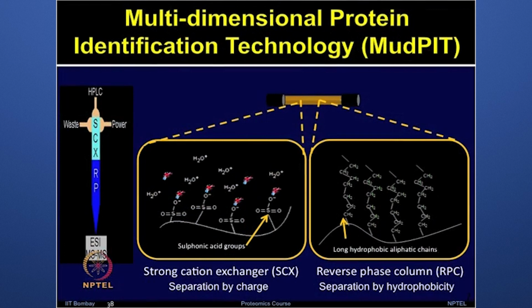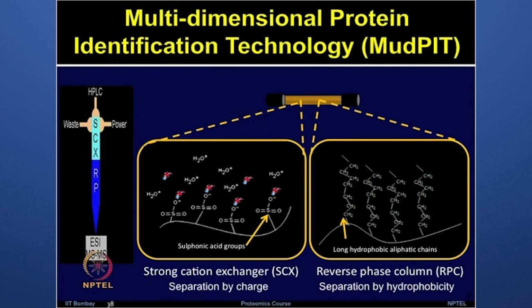We have already discussed two separate methods, SCX and RP. Strong cation exchange is based on the electrostatic attraction between the negative sulfonic acid and positive peptide, and the elution can be caused by addition of a positively charged mobile phase.